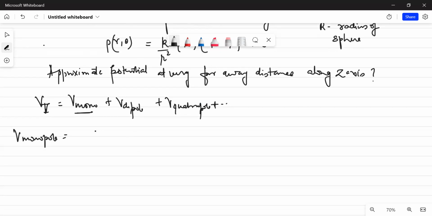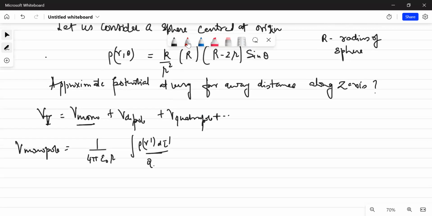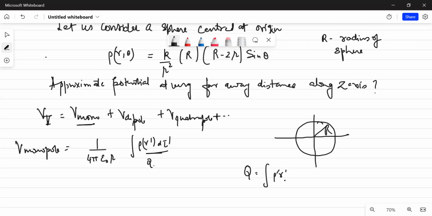So the monopole contribution is simply 1 upon 4 pi epsilon naught, times 1 upon r, and the integration of rho r dash d tau dash, and this forms your total charge Q. So let us first find what will be the total charge Q for this sphere of radius capital R. That will be the integration of rho r dash d tau dash.